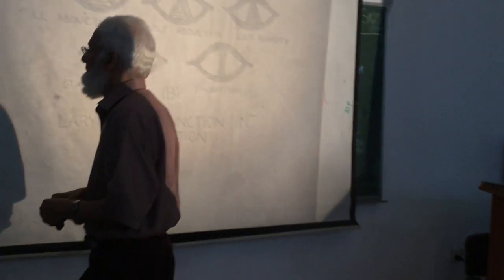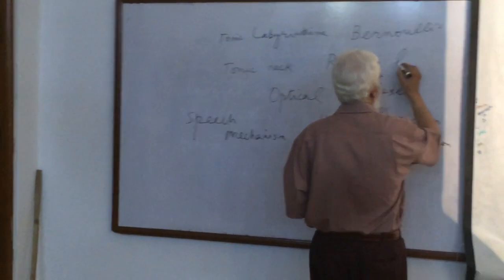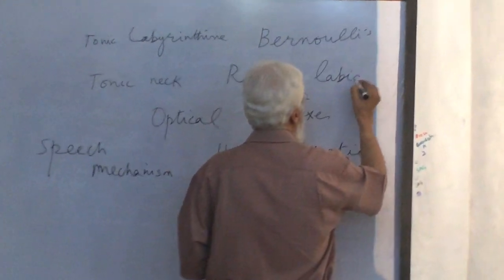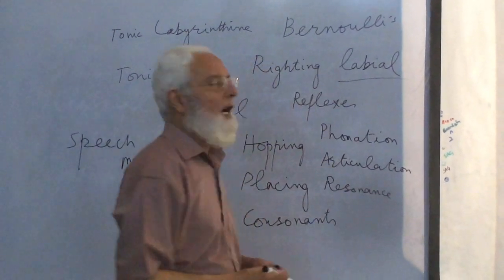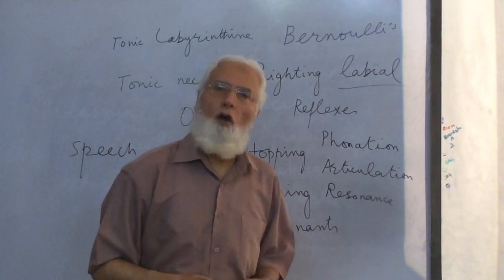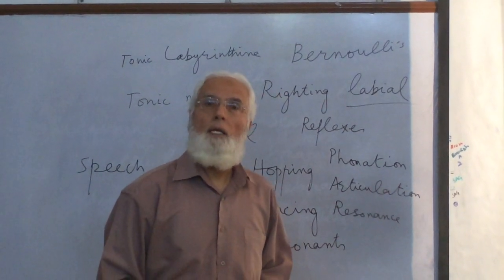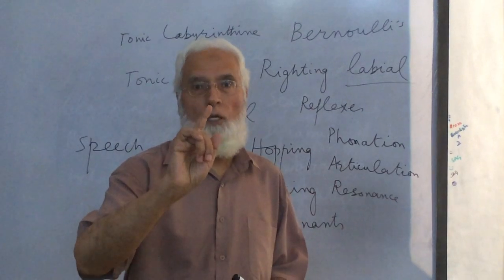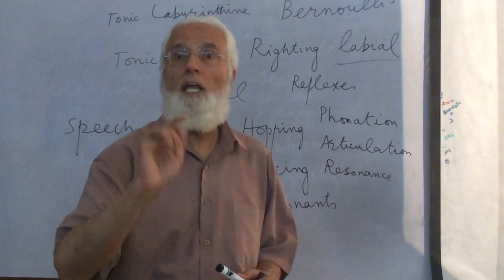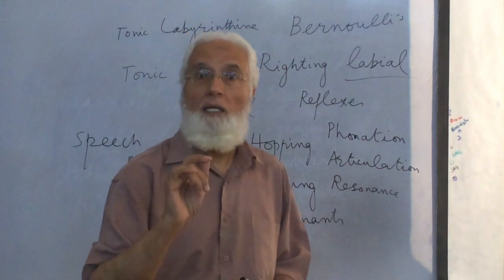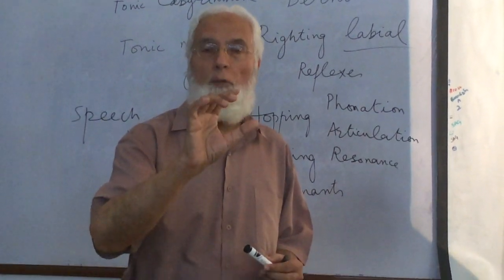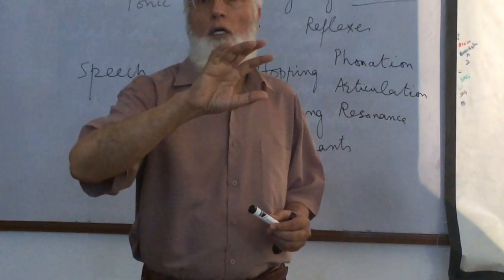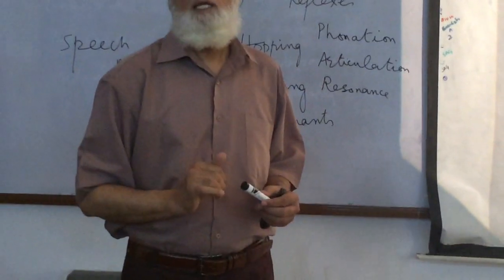For example, P and B are labial. When we want to speak P and B, which part will move or contract? Lips. So P and B are labial. Lips move predominantly when we want to speak P and B.